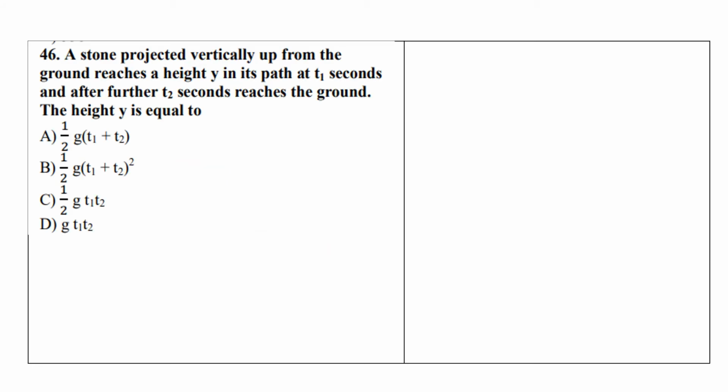A stone projected vertically up from the ground reaches a height y in its path at t1 seconds and after further t2 seconds reaches the ground. The height y is equals to. So here this is point P and from here to this is the total height h.